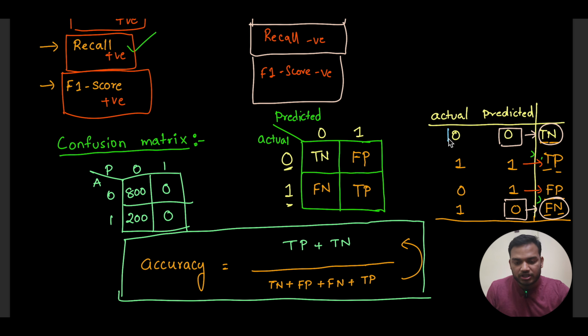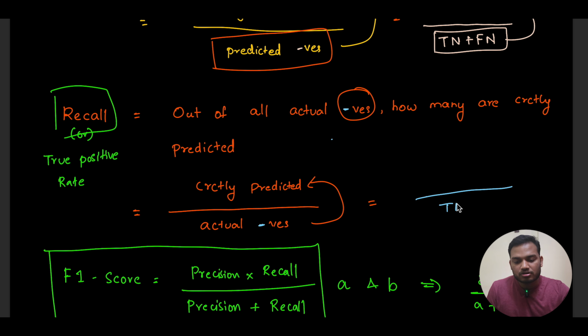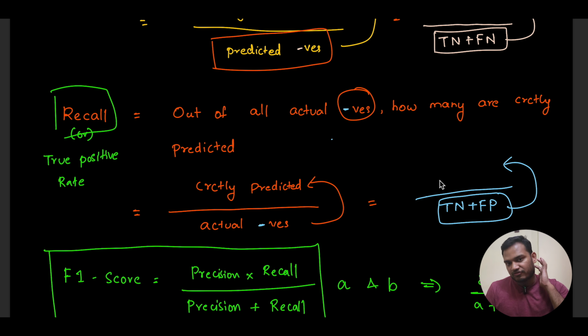So here it is 0, so true negatives represent the actual negatives, and here it is also 0, which means false positives also represent the actual negatives. So in the denominator we will have true negative plus false positive, and out of these, how many are my correctly classified points? Out of these two, we have TN as my correctly classified points. So this will be my formula for recall negative class.